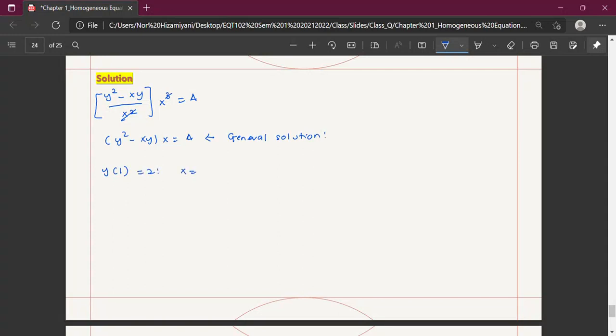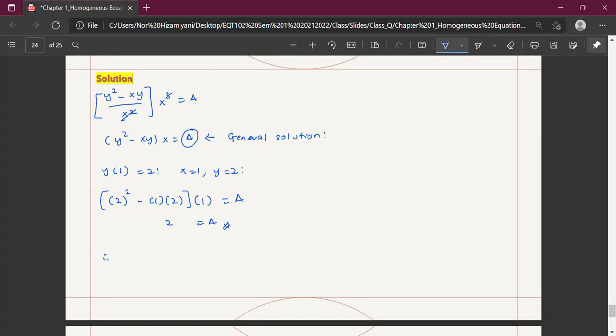So you substitute these two values in order to find a. So you have 2² minus 1 times 2, multiplied with 1, equal to a. So 4 minus 2 is equal to 2. So a is equal to 2.